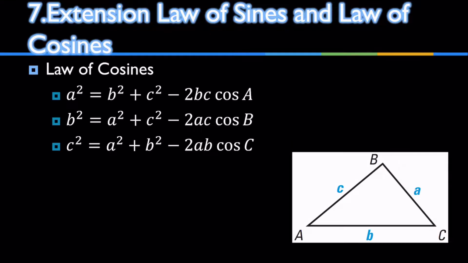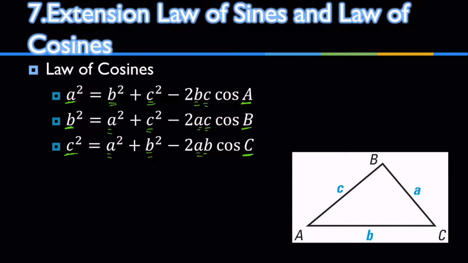Let's jump to the law of cosines. Whoa, it looks crazy. Actually, this is just the same one written 3 times, so it's really only one equation. Let me point out the first letter and the last letter are the same, and then the other 2 letters are in the middle.